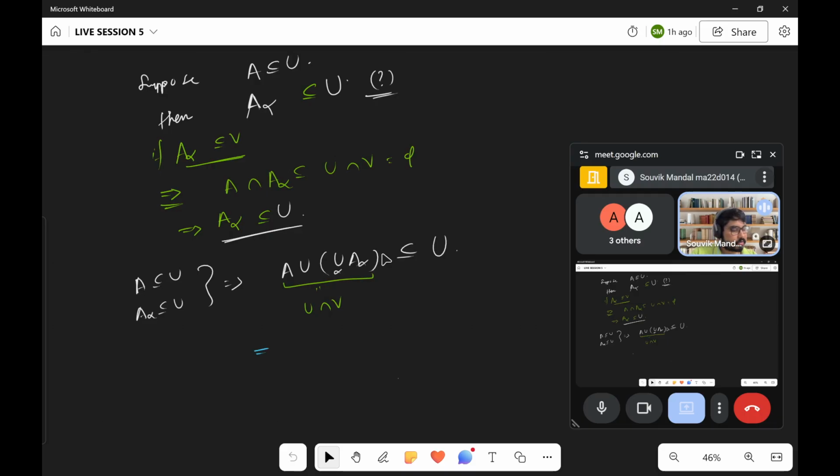So V is equal to the empty set, but such a thing is not true, because for a separation V has to be non-empty. So that is the contradiction. Is the argument clear?